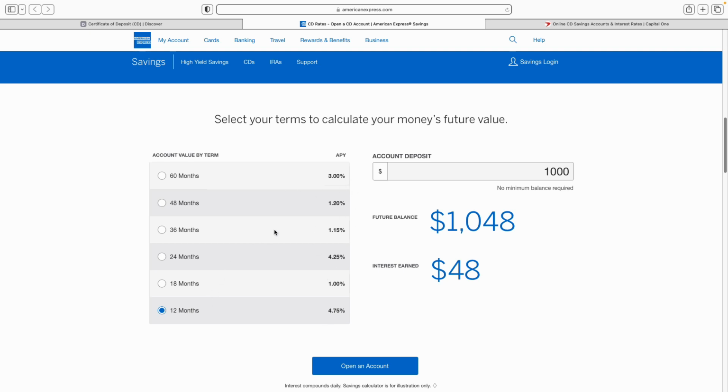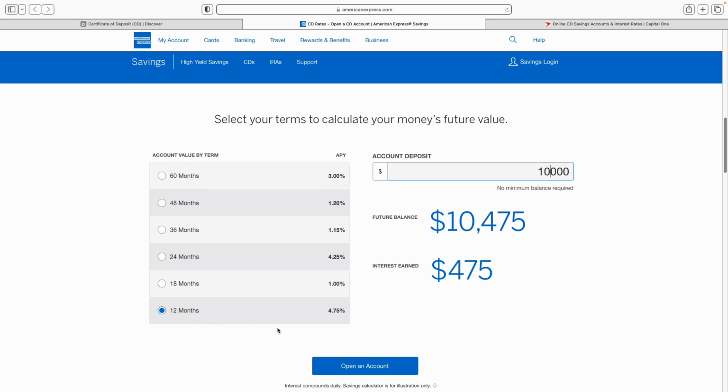So in this case, you can see that it's very visible that if you were to invest, let's say, let's go with $10,000. So you invested in a CD with American Express for 1 year.